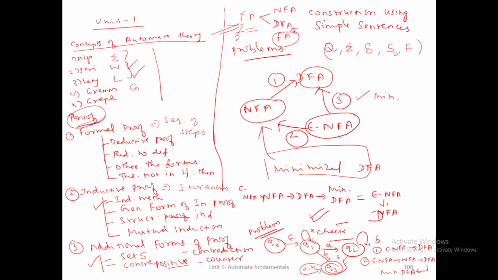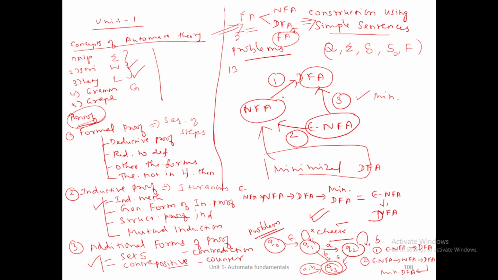Okay, then in 2 marks they may ask questions where they will give simple sentences and you may be able to draw DFA or NFA accordingly. So this will also be given. You just go through the previous video sessions. And for the 13 mark problems, 3 methods are available.